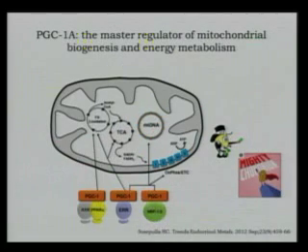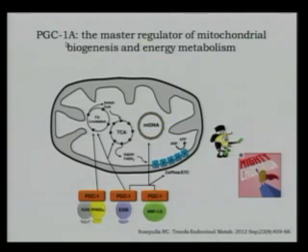To understand chronic disease and metabolic disease, we have to talk about the mitochondria, because most chronic diseases happen in the background of mitochondrial dysfunction. The master regulator of mitochondrial biogenesis is this cofactor called PGC1 alpha, which is PPAR gamma coactivator 1 alpha.